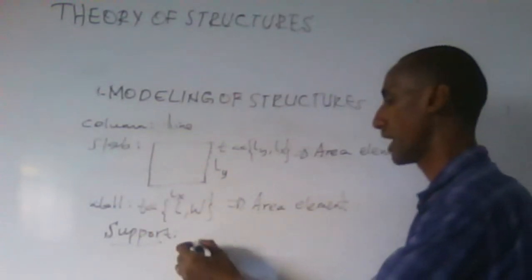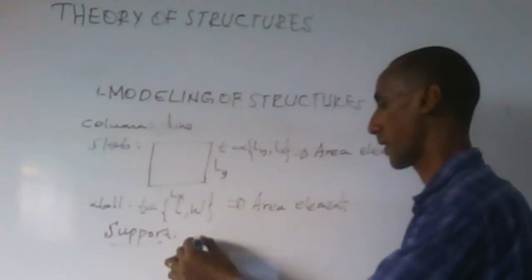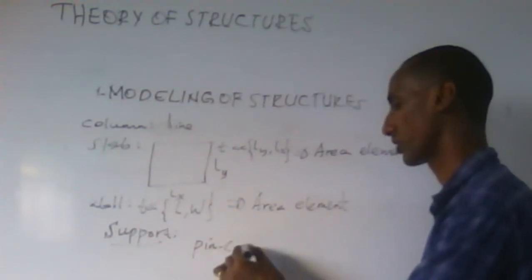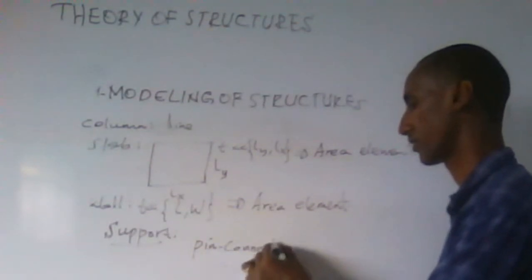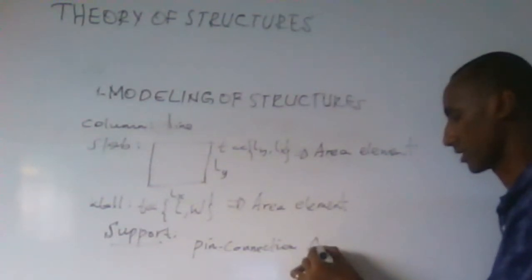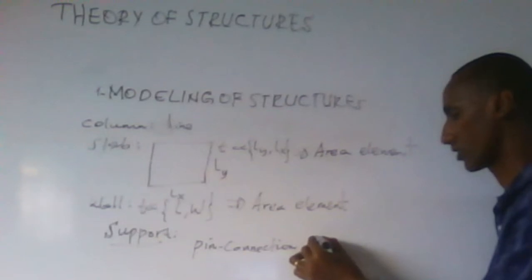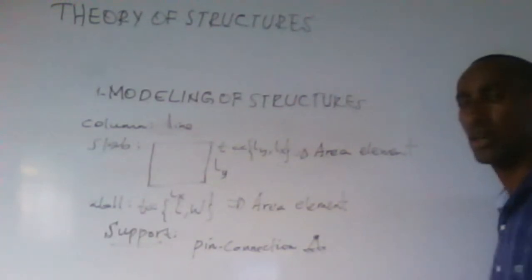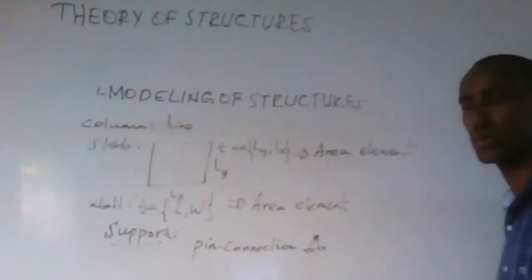For example, I may have a pin connection. This is represented by such a representation. This is the point where a member is going to be attached.